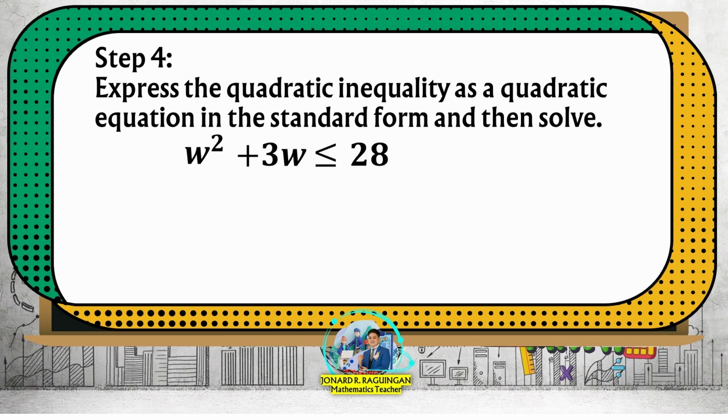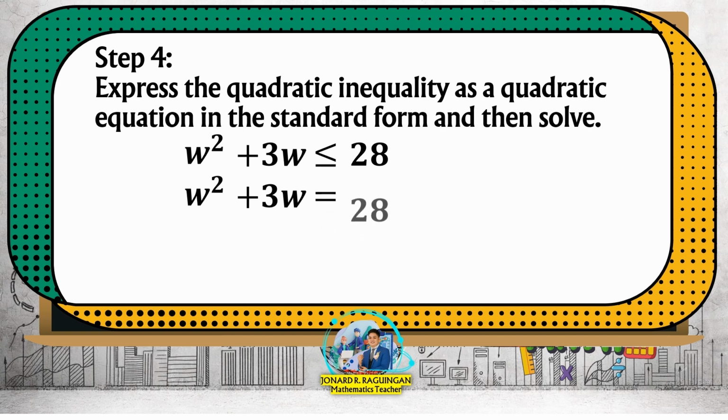Step 4. Express the quadratic inequality as a quadratic equation in standard form and then solve. So we have W squared plus 3W is equal to 28. Next, we need to write the quadratic equation in standard form.